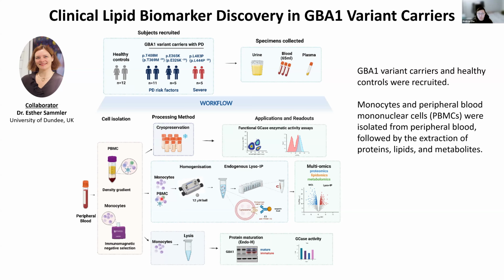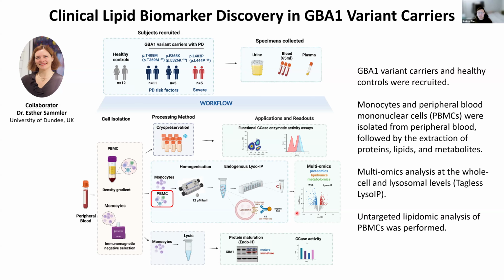We were then able to extract the molecular contents, including proteins, lipids, and metabolites from those cells. We are also able to do multi-omics analysis at the whole cell level and also the lysosomal level using the tagless Lyso-IP. So we've done the untargeted lipidomics analysis of the PBMCs.